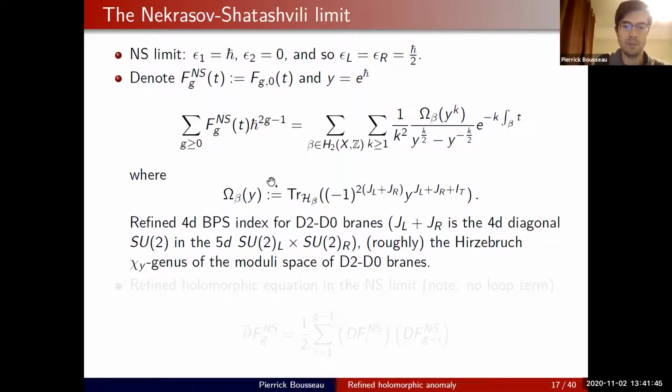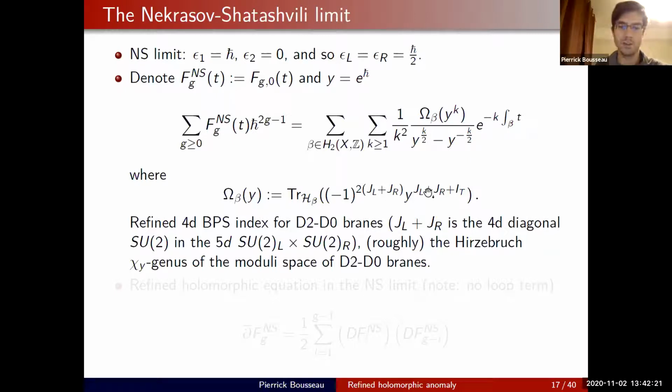And so here the claim is that this thing is in fact a refined 4D BPS index for D2-D0 branes. In general, you should consider 5D BPS states, which are representations of SU(2)_L times SU(2)_R. But the claim is that in the Nekrasov-Shatashvili limit, this thing reduces to a 4D count of D2-D0 branes, where you only remember the diagonal SU(2) inside the 5D SU(2)_L times SU(2)_R, which can be viewed as the 4-dimensional SU(2).